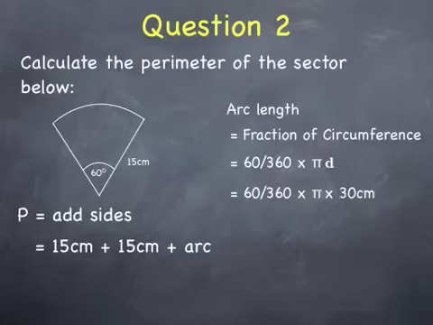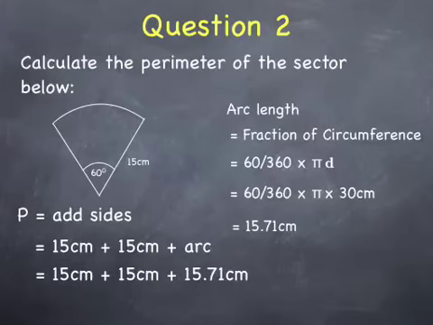If we type it into our calculator, it would be 60 divided by 360 times pi times 30. And you get the arc length 15.71 centimeters. Let's put that into our final answer. 15 plus 15 plus 15.71. Full perimeter 45.71 centimeters. If you want to watch that again, just drag your slider back and go over it again. Otherwise, we'll go on to area now.